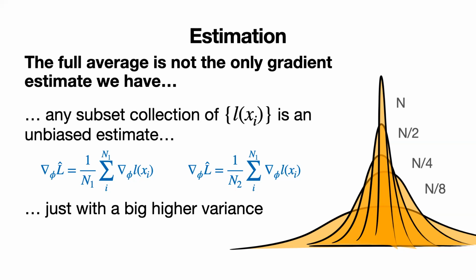So the question is, what variance do you need? Even with 20 examples, you already have a gradient estimate, and you could do gradient descent, right? So do you actually need to compute the gradients on all of these examples? That's the question we need to answer.